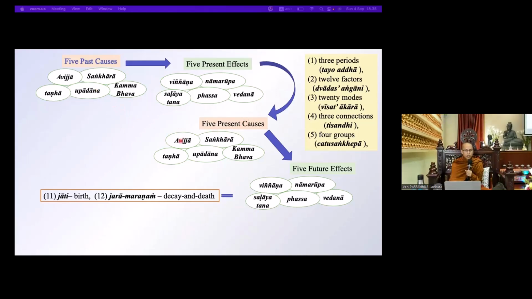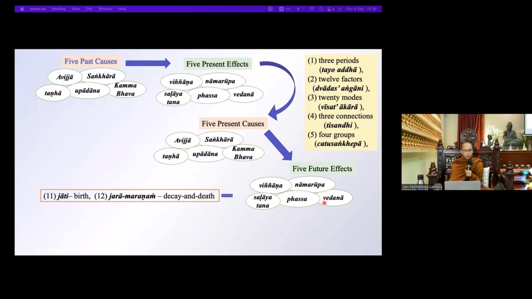So when the past was present, it is also considered past after the time period is finished. But at the precise moment, it was present. It was considered as present. And also, this present cause will be past when it is already finished, when it comes to the future.